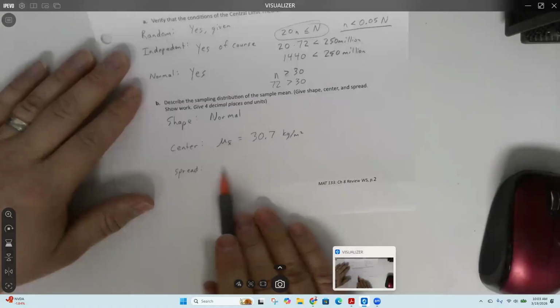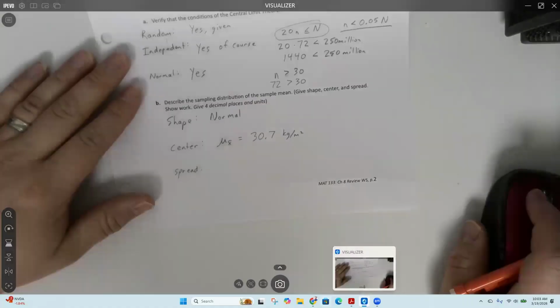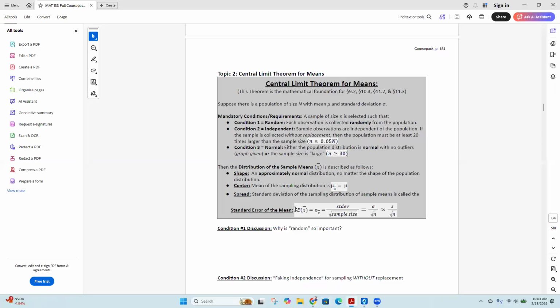Lastly is the spread. So the spread is our standard error equation, which we said is sigma x bar, which is the standard deviation divided by the square root of sample size.